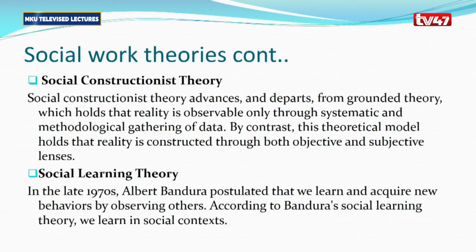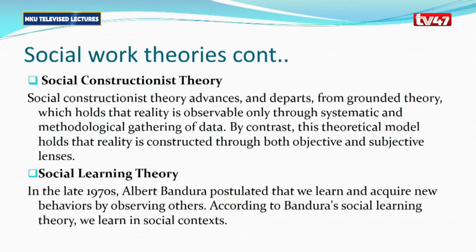That's a social construct. The roles of men and women, the difference, it is just a social construct. So we are able to look at both objective and subjective lenses as far as this theory is concerned.